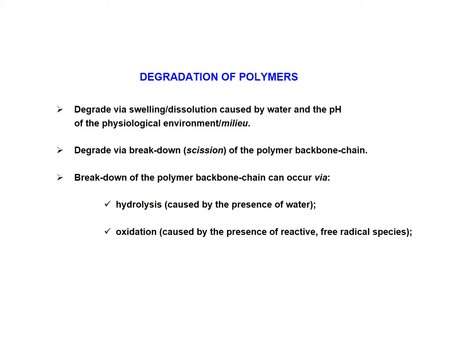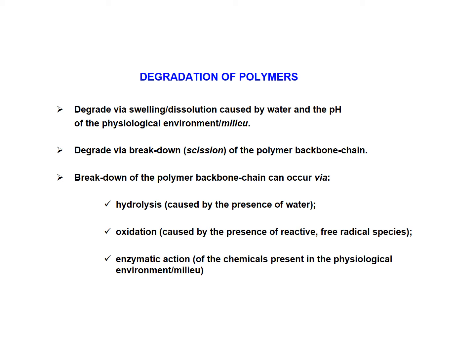Another way by which the polymers can break down, the backbone chains can break down, is oxidation. And this, of course, is caused by the presence of reactive free radical species such as oxygen radicals.